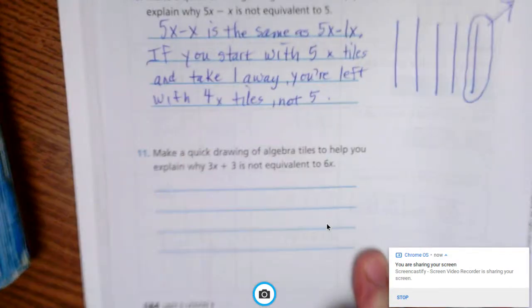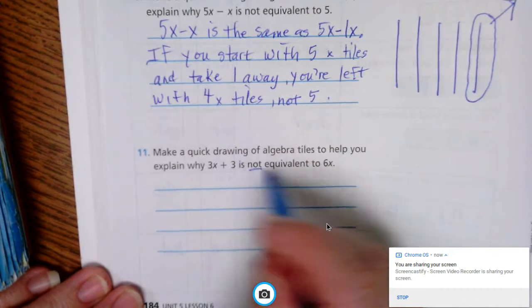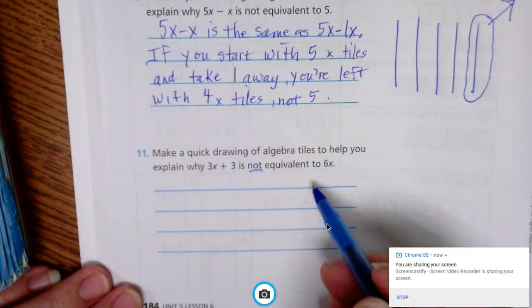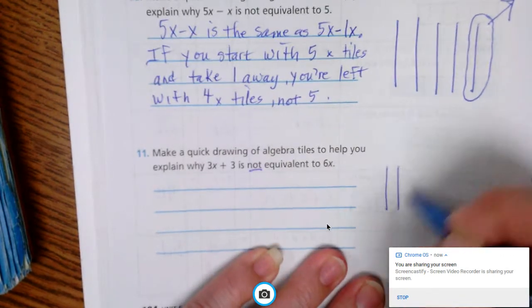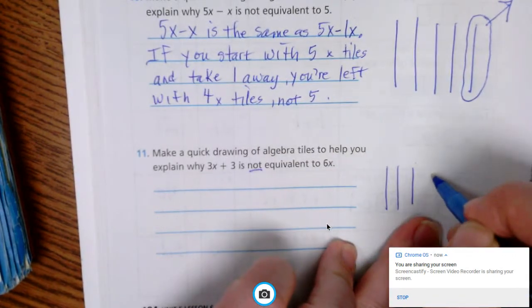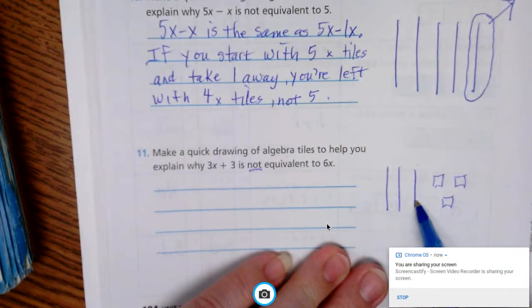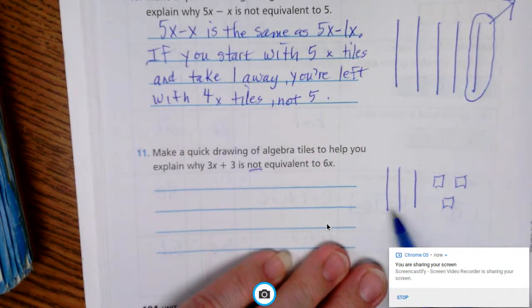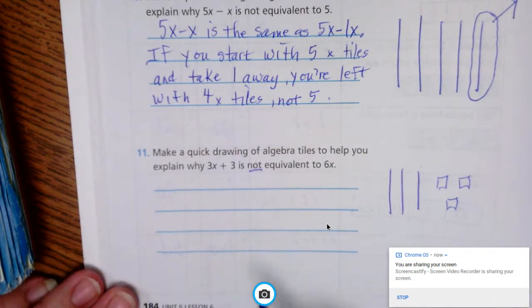Here's another one. Make a quick drawing of algebra tiles to help you explain why 3x plus 3 is not equivalent to 6x. So here's your answer. 3x and 1, 2, 3. Well, I don't see 6 rectangle tiles. I see 3 and 3 single ones.